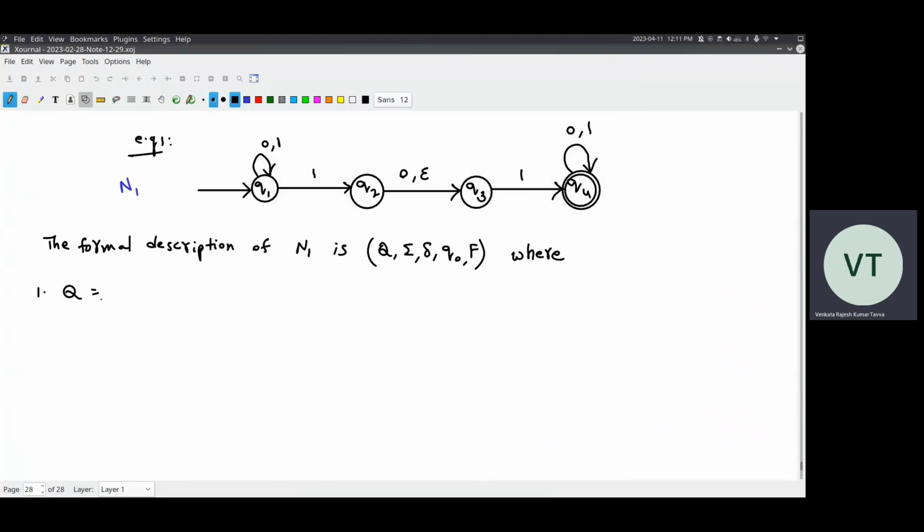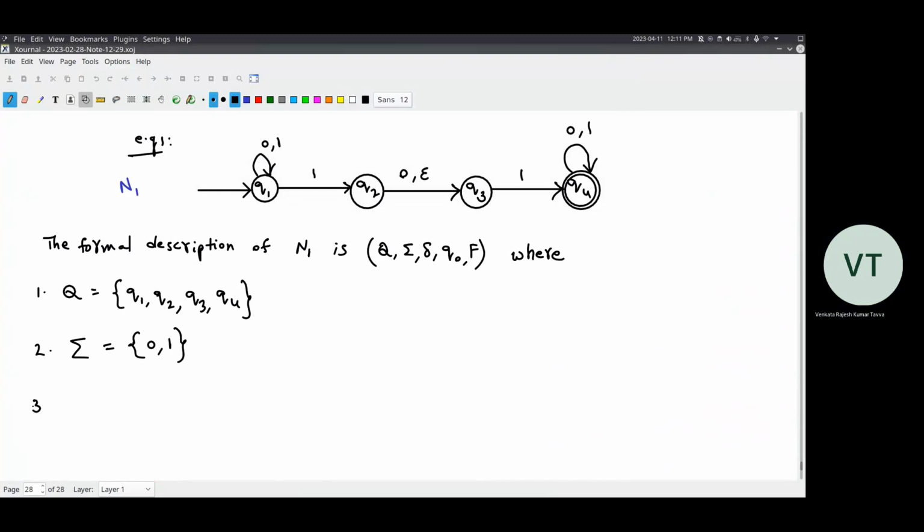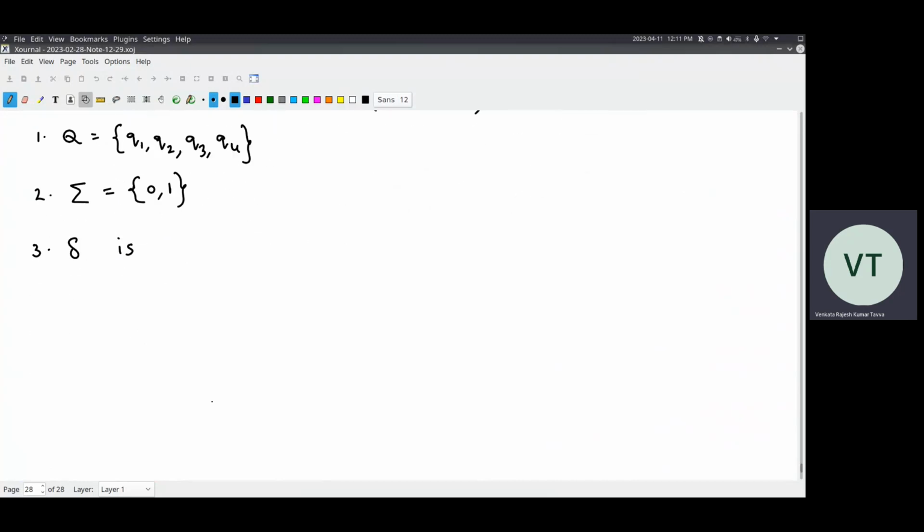These 4 states, Q1, Q2, Q3, Q4. And sigma is 0, 1. Delta, I'll come back to it in a while.